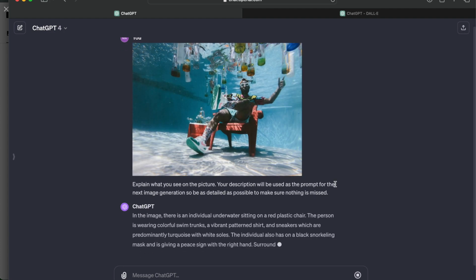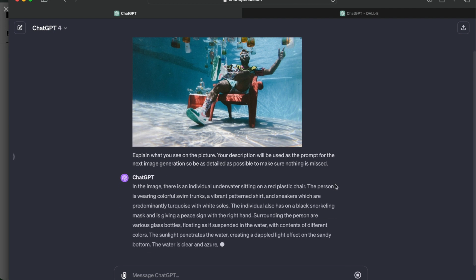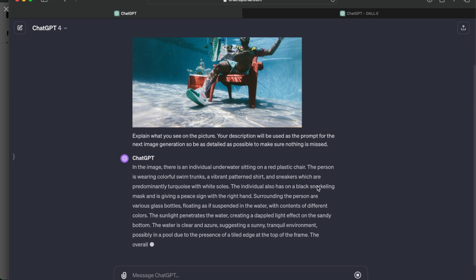Okay, we now have a detailed description. In the image, there is an individual underwater sitting on a red plastic chair. The person is wearing colorful swim trunks, a vibrant patterned shirt, and sneakers which are predominantly turquoise with white soles. The individual also has on a black snorkeling mask and is giving a peace sign with the right hand.